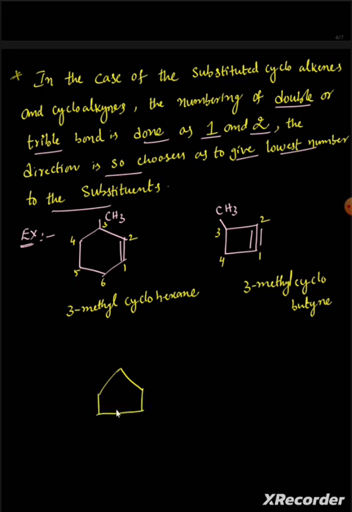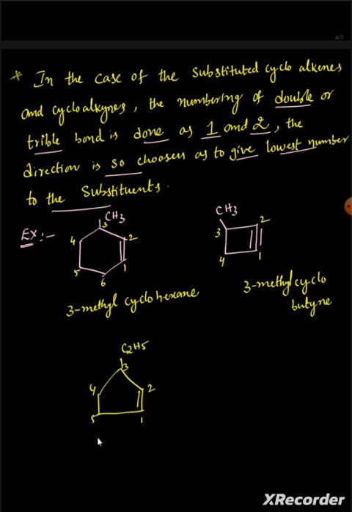This is cyclopentane having C2H5 substituent and double bond. Okay, here 1 2 3 4 5, this is a 5-membered carbon chain, cyclopentane, double bond is there, pentene, and here ethyl group is there.